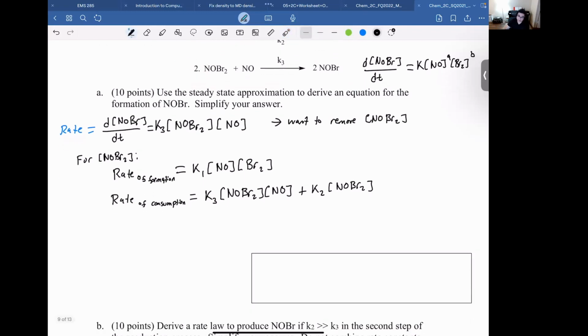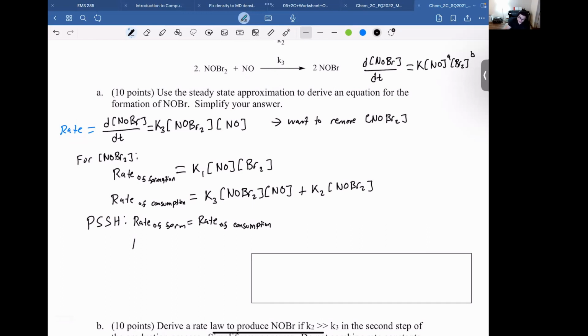Now, the steady state approximation, or the pseudo steady state hypothesis, says that the rate of formation is equal to the rate of consumption. That's what the steady state means, that you're forming it as quickly as you're consuming it.